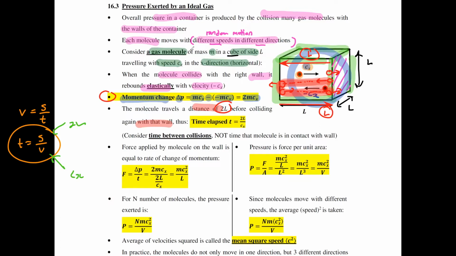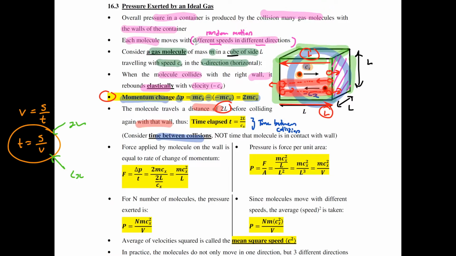Okay, so this one here is actually time between collision. Okay, consider the time between collisions, not the time that the molecule is in contact with the wall. All right.